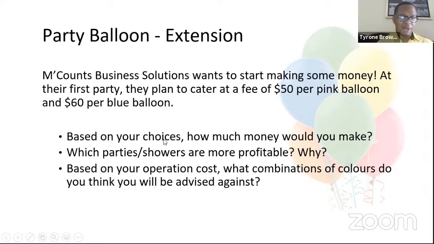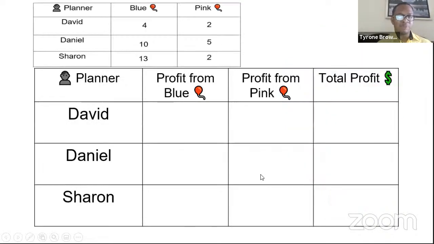Based on the choices from the previous options, we want to know how much money would have been made, which one would have been the most profitable, and which one of the combinations you definitely advise against. So let's put that back up.